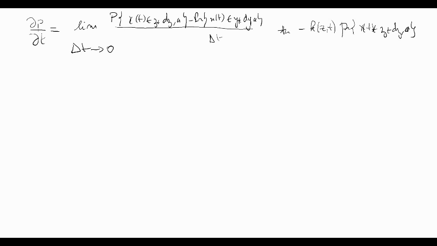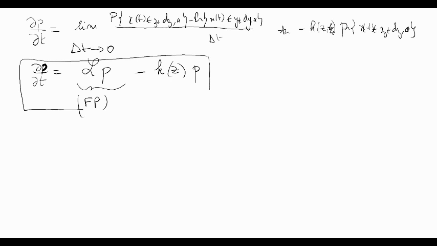So in the limit, we'll get dp dt, and this we know what it is. This is exactly the Fokker-Planck operator, as we have seen before, because this is a transition from y to z at infinitesimal time, minus k of z, which is supposed to be independent of time, multiplied by p.